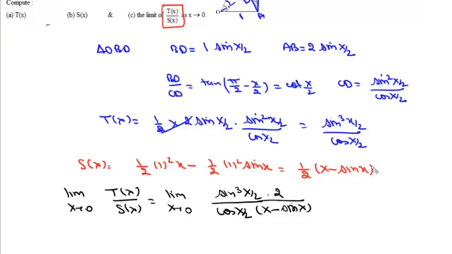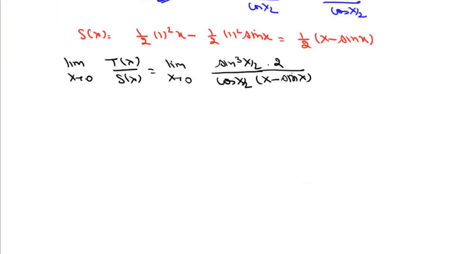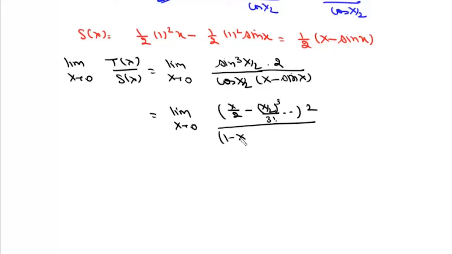Now we'll solve this question using series expansion. Now it will be this limit x tends to 0, and here will be x by 2 whole cube upon factorial 3 into 2. Here it is 1 minus x by 2 whole square upon factorial 2, and here will be x minus x minus x cube upon factorial 3.